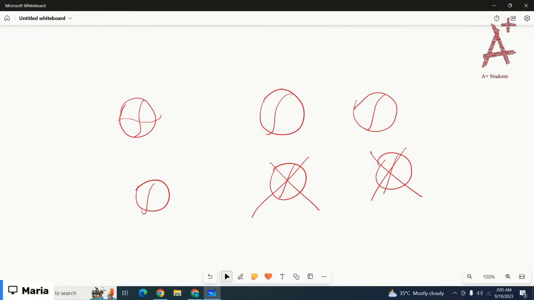How many balls are you left with? So you have a total of six balls: one, two, three, four, five, six. You lost two of them, and now you are left with one, two, three, four. You are now left with four balls, right? Earlier you had six balls, you lost two of them, and you are now left with four. So six take away two equals four, right?